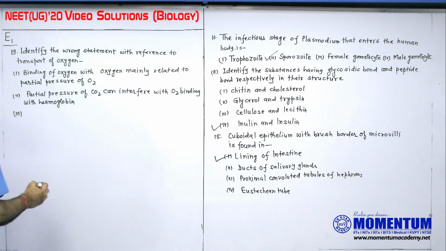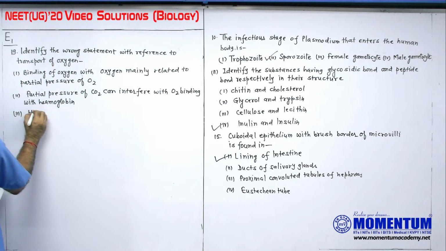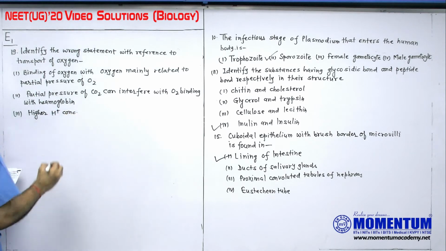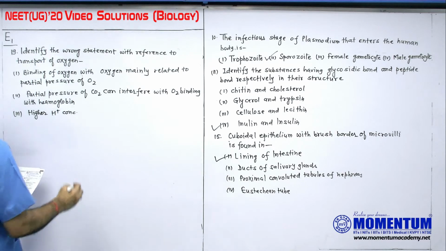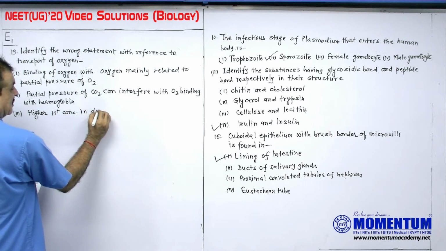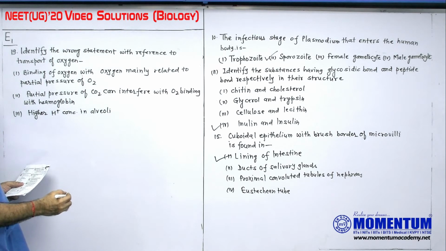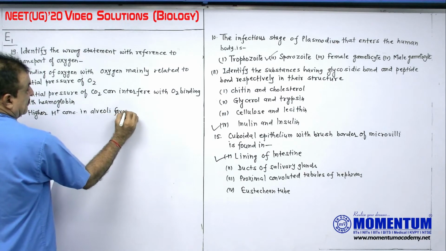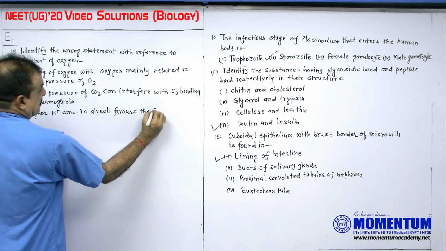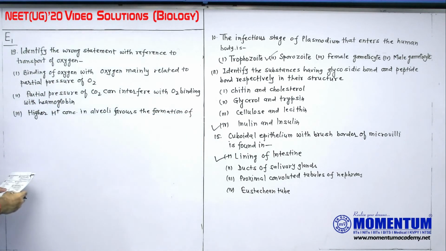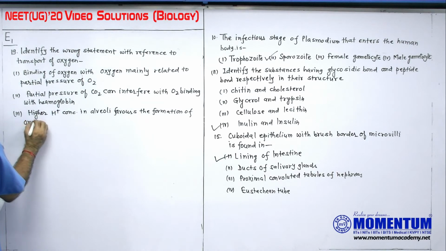Then number 3, higher hydrogen concentration in alveoli favors the formation of oxyhemoglobin.